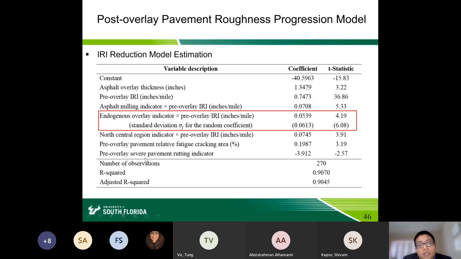Because when the previous pavement has severe rutting, it means the existing pavement evenness is a problem. And when we implement a new layer on the existing pavement, the unevenness also exists.